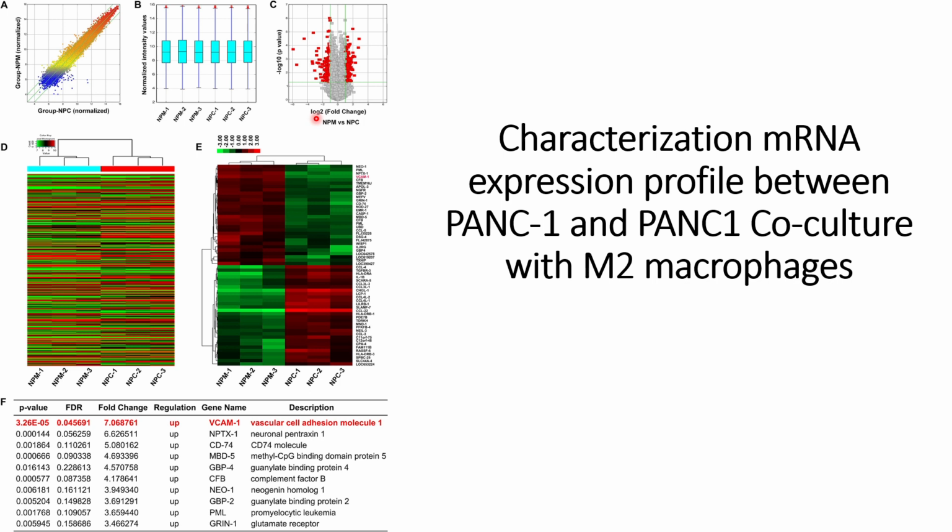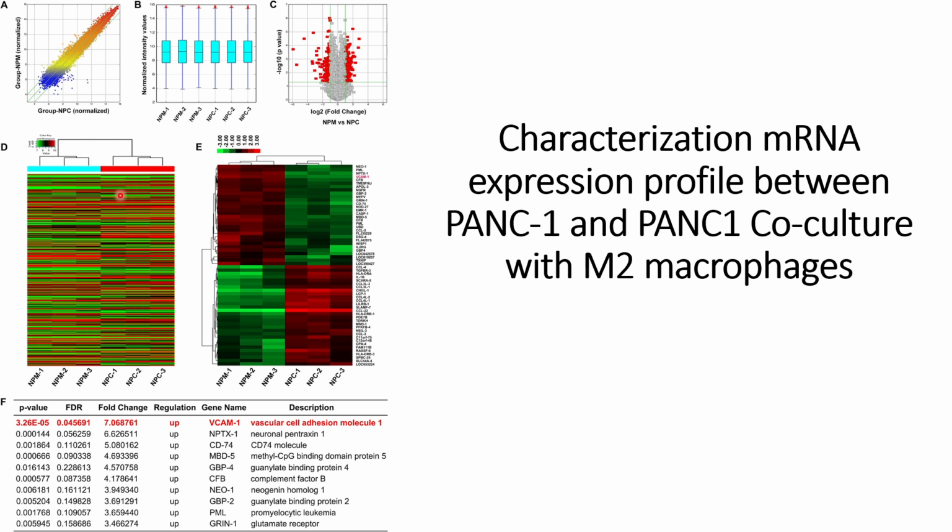Of these 498 dysregulated genes, 216 genes are upregulated and 282 genes are downregulated in the co-cultured PANC-1 cells.